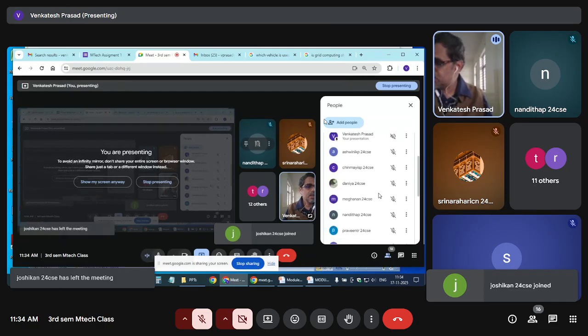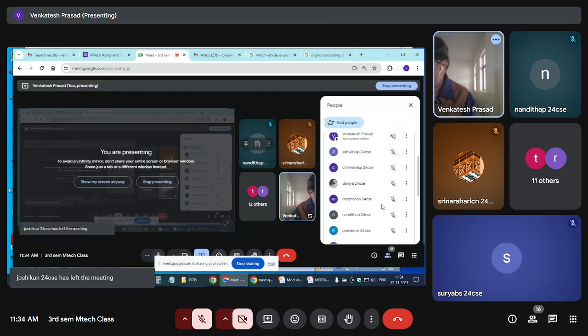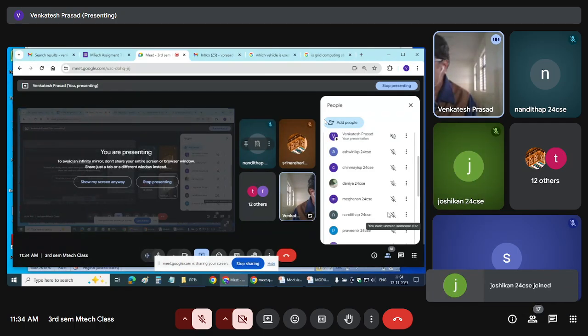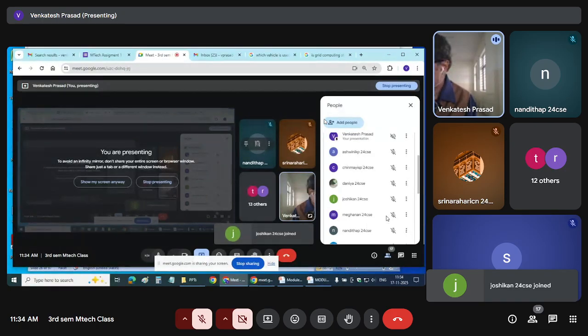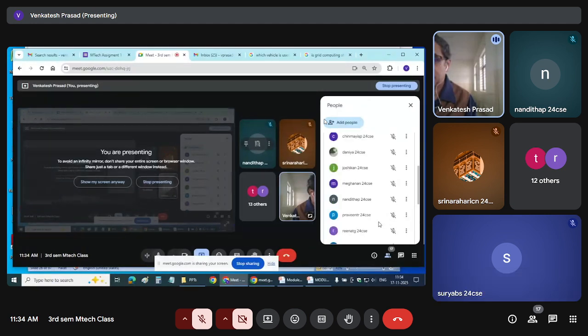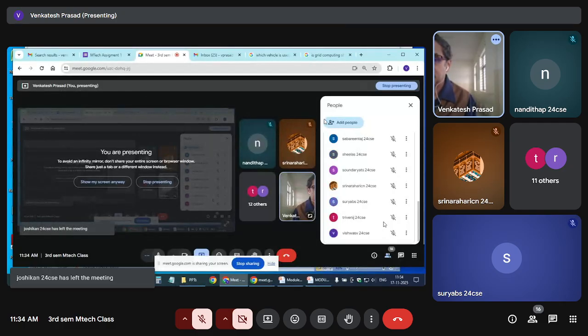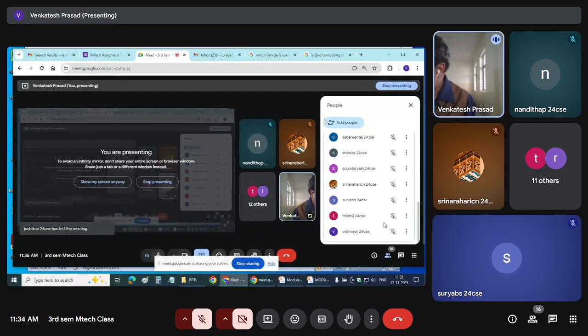Let's see, I'll just mark the attendance as per the login ID. Ashwini is there, Chinmay, Dania, Joshika, Meghana, Nandita, Praveen, Reena, Sabrine. Sheila is missing. Oh, Sheila is there. I think Shilpa is always missing. Then Soundarya is there.